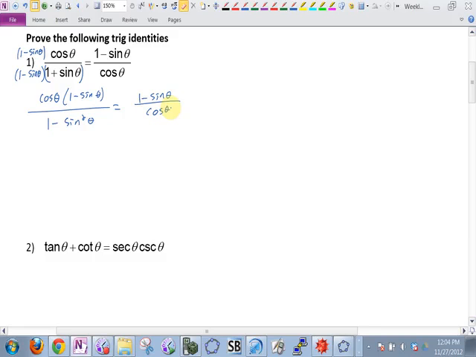Next, 1 minus sine squared, according to the Pythagorean identity, is cosine squared. This cosine cancels with one of the cosines in the denominator.